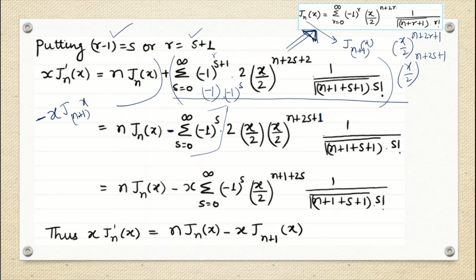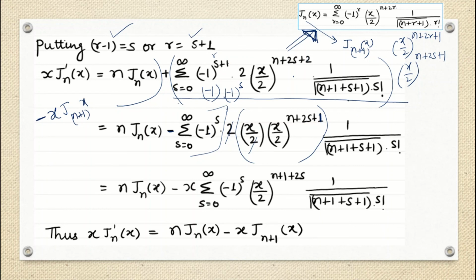If I make this complete thing n plus 2s plus 1, that means one more x by 2 is there, which I have just taken out, right? I have just taken out x by 2, and this complete thing is actually correct, right? And this 2 was already present. So this 2 and this 2 will get cancelled, and this x is the multiplying factor of J n plus 1 x, correct? And this term is now in the correct form.